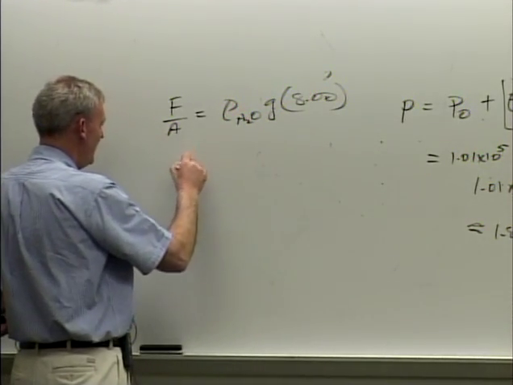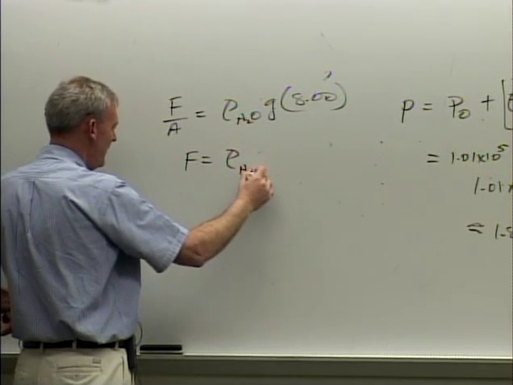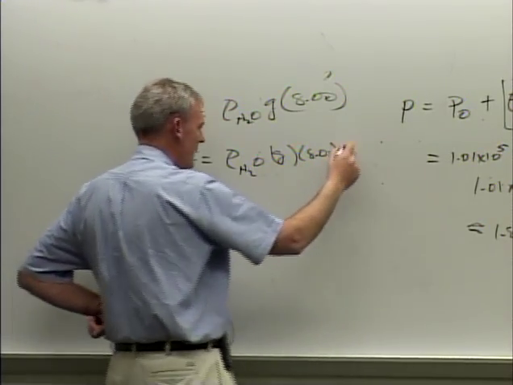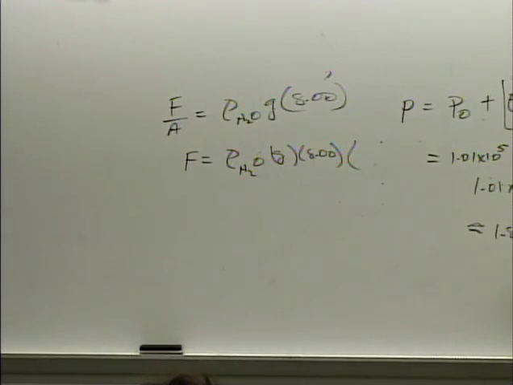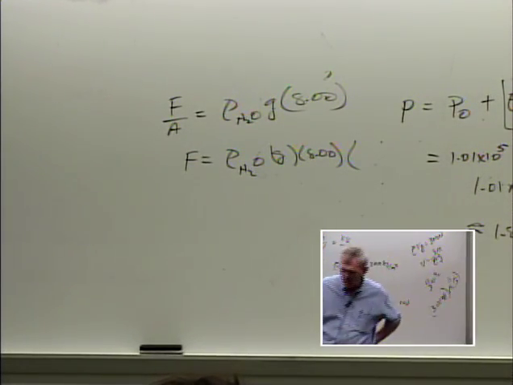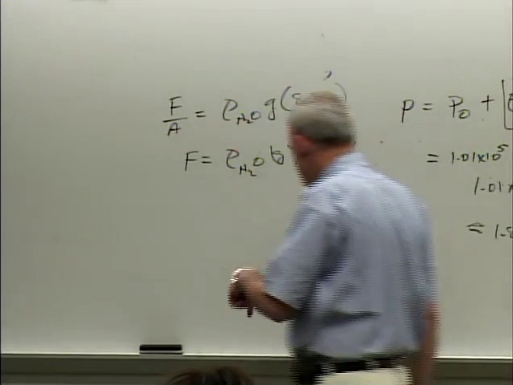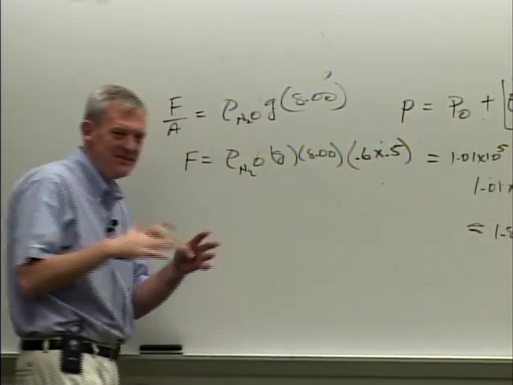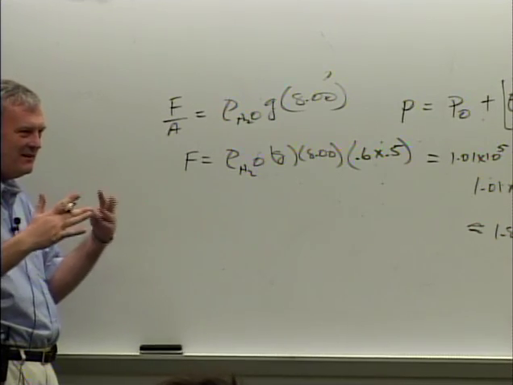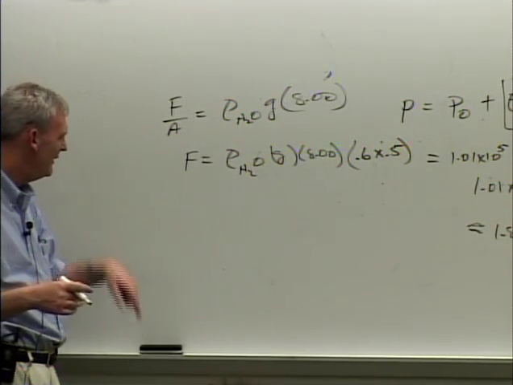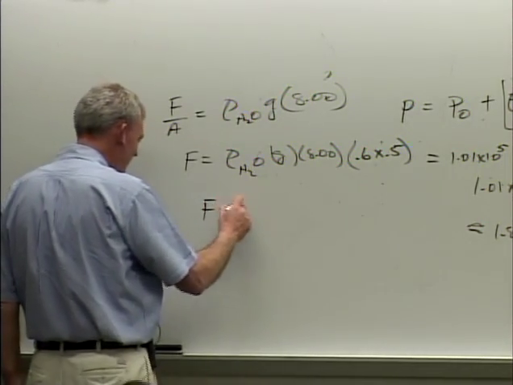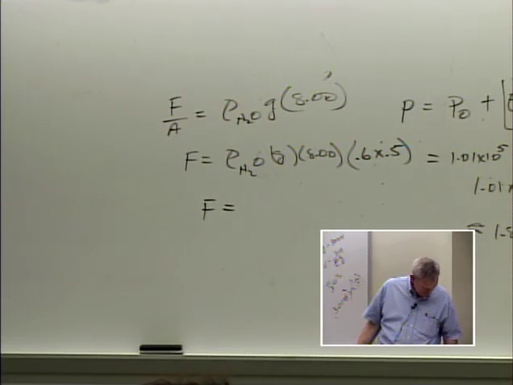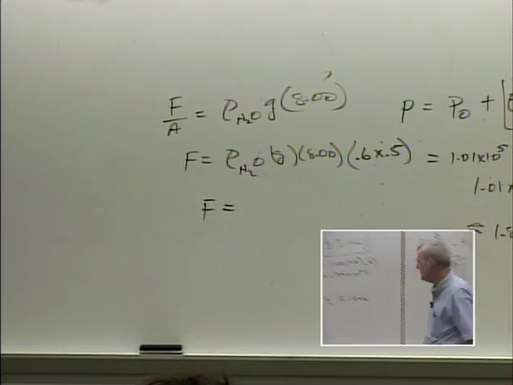So F equals rho H2O times g times 8.00 times the area on his back, just the specific area we're looking at, which is 0.6 times 0.5. They gave us a 60 centimeter by 50 centimeter area. You multiply all that out, and the force comes out to be huge. It actually turns out to be about 2.35 times 10 to the 4th newtons.